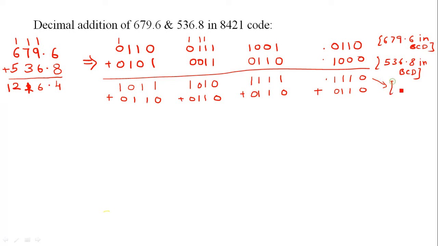We can say all are illegal codes. Add 6 to each group, and if a carry is generated, then we can propagate that carry.